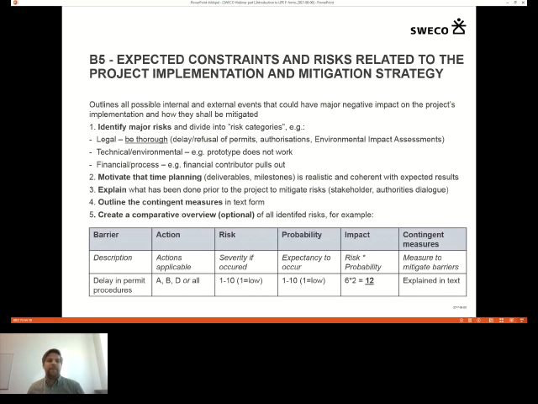What kind of mitigation measures have you included in the project to make this less likely or to manage the problem when it comes? So, for example, a good management structure with one decision-making organ is quite important.